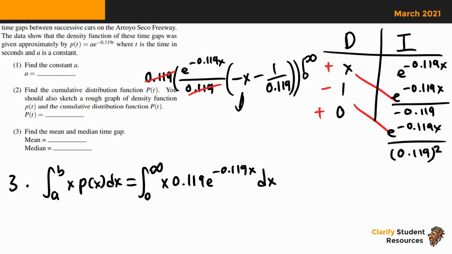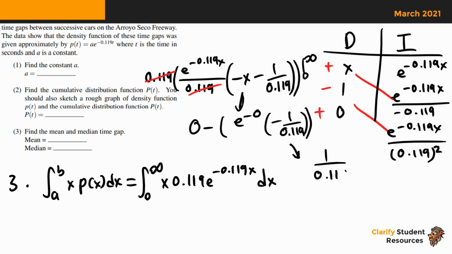So that being said, the infinity term doesn't actually give us anything. We're just going to get 0. So we're going to have 0 minus, and then we're going to plug in our term now, which is going to be e to the negative 0 multiplied by negative 1 over 0.119, like that. And then we're going to have this as equal to just 1 over 0.119.